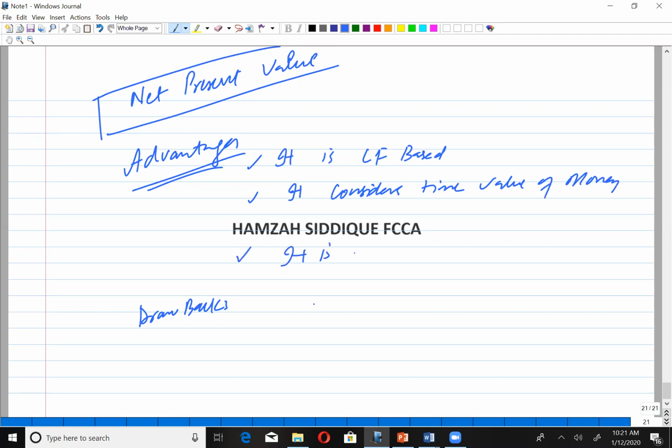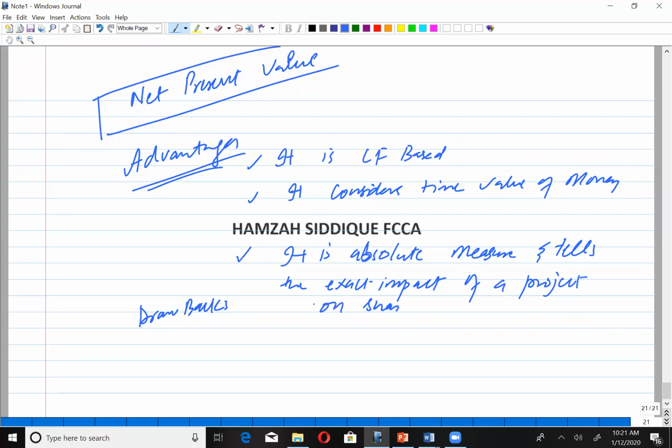Third, it is an absolute measure and tells the exact impact of a project on shareholders' wealth. On shareholders' wealth, exact impact.